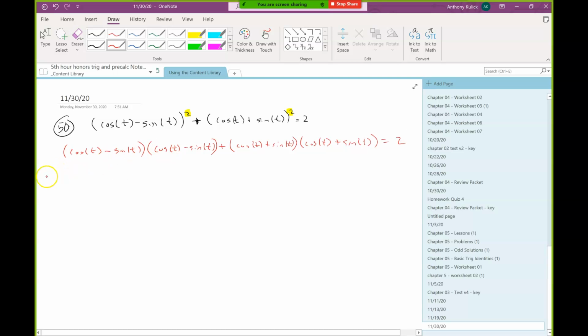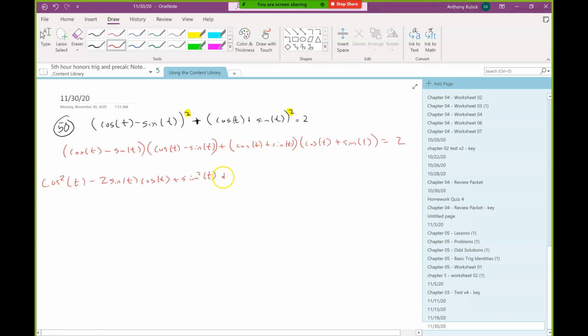When I FOIL out the first set, cosine times cosine is cosine squared. Cosine times negative sine is negative sine times cosine, and negative sine times cosine is also negative sine times cosine, so I get 2 of those. And then negative sine times negative sine is positive sine squared.